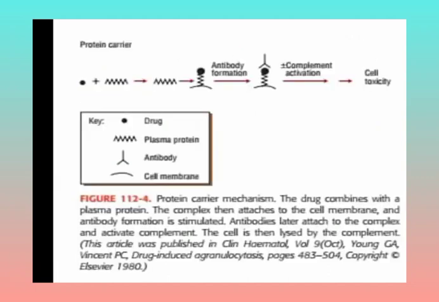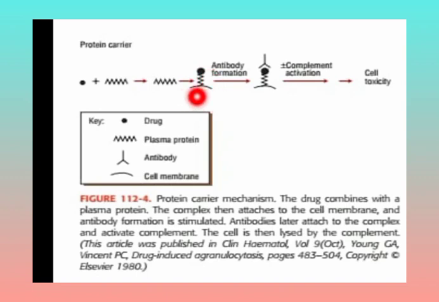And this is the protein carrier mechanism, the third type. In these representations, the dot represents the drug, this image represents plasma protein, this is the antibody, and this is the cell membrane. Now the drug is binding with the plasma protein, and this plasma protein is attached to the cell membrane.